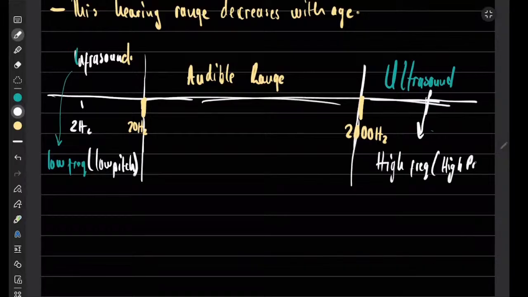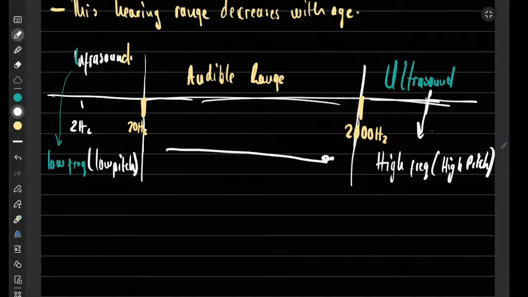That is why people scream when they want us to know of danger, because when you get higher towards 20,000, we can hear you. But if it becomes too high, we can't hear. Scream so that they can hear you: Help! That's how it happens.